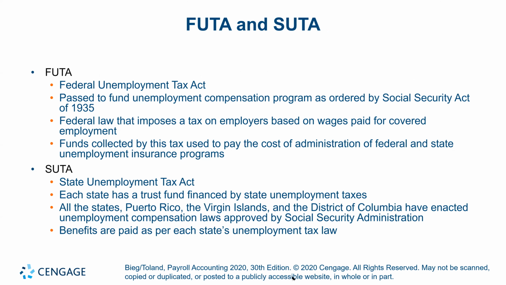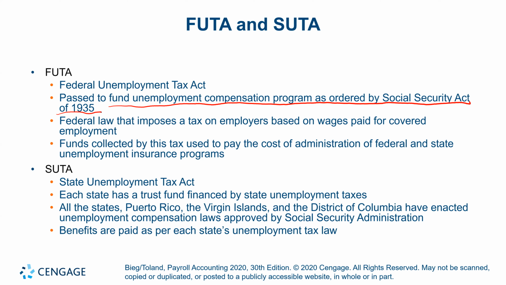FUTA, the Federal Unemployment Tax Act, was passed to fund the unemployment compensation program as ordered by the Social Security Act of 1935. It is a federal law that imposes a tax on employers based on wages paid for covered employment.